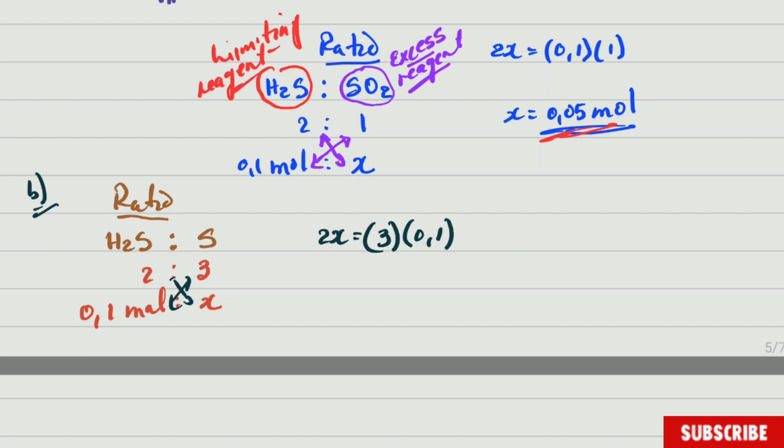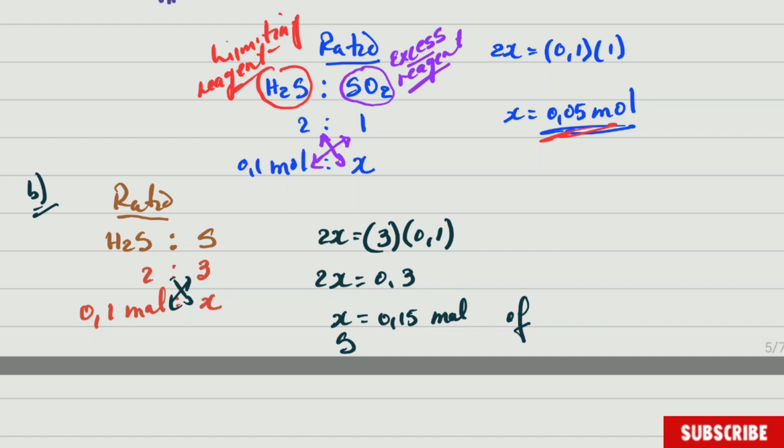My advice, do it even if it's very easy. 2x is equal to 0.3, and then x is equal to 0.15 mole of sulfur. All right, mole of sulfur.